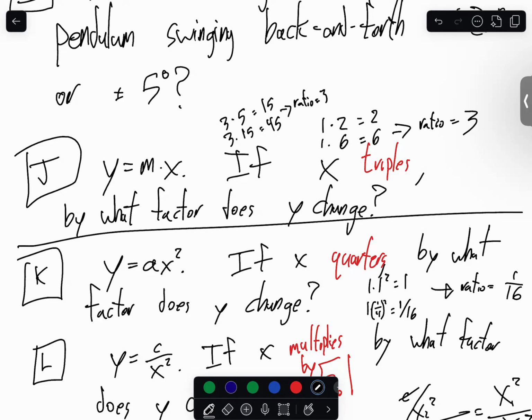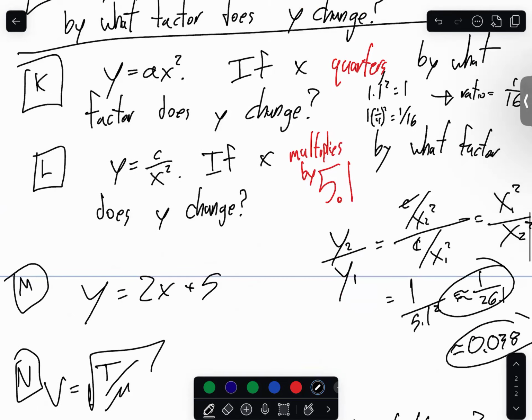If my ratio is x is quartering, I plug the factor of x into the squaring operation. 1/4 squared is 1/16. So x is to the negative second power. If I just plug in how x changes, 5.1 to the negative second power is bang, 0.038.